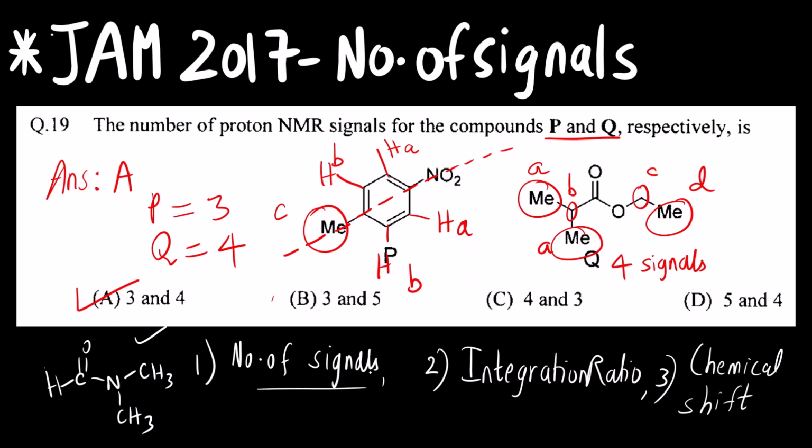The number of signals is asked in almost every paper, whichever paper you take, GATE, NET or TIFR. I hope you have understood both these topics: how to calculate the number of signals, how to calculate the integration ratio, and how to determine the value of chemical shift. We saw in the last video the factors affecting that, and the formula, how to use the chemical shift formula.